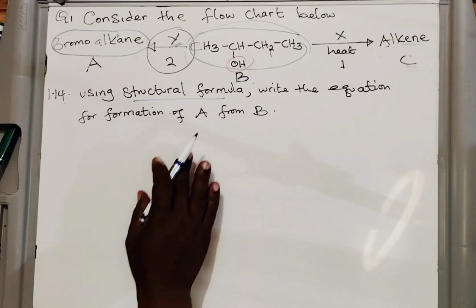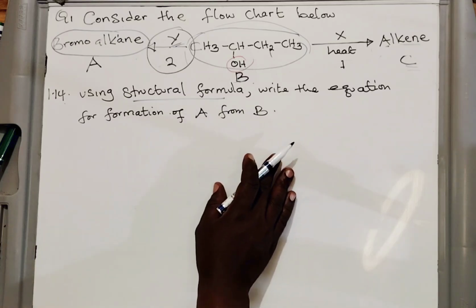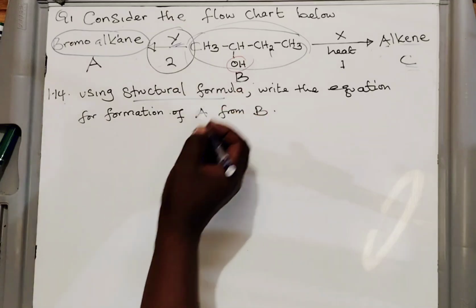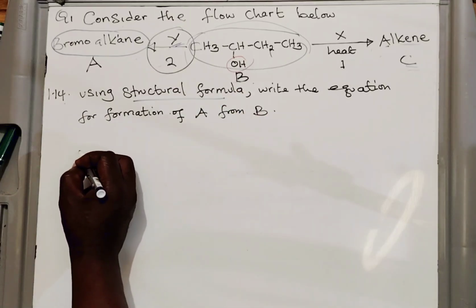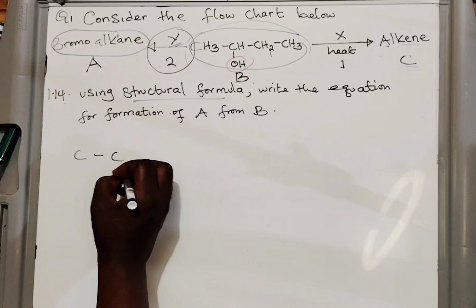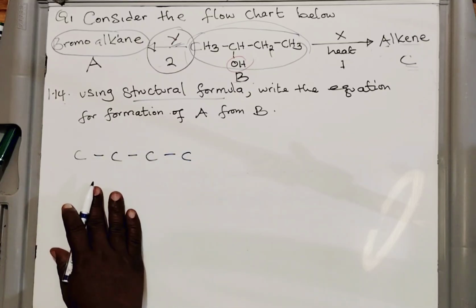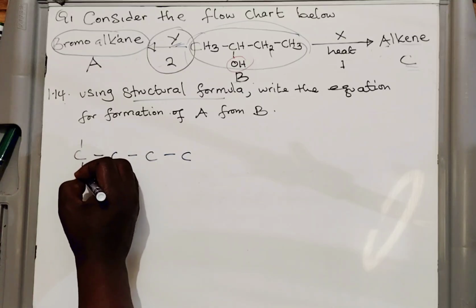So it's from B to A. So what is our B? B is that alcohol. So we're having C, C, C, C. We are constructing the structure formula. And this is hydrogen.